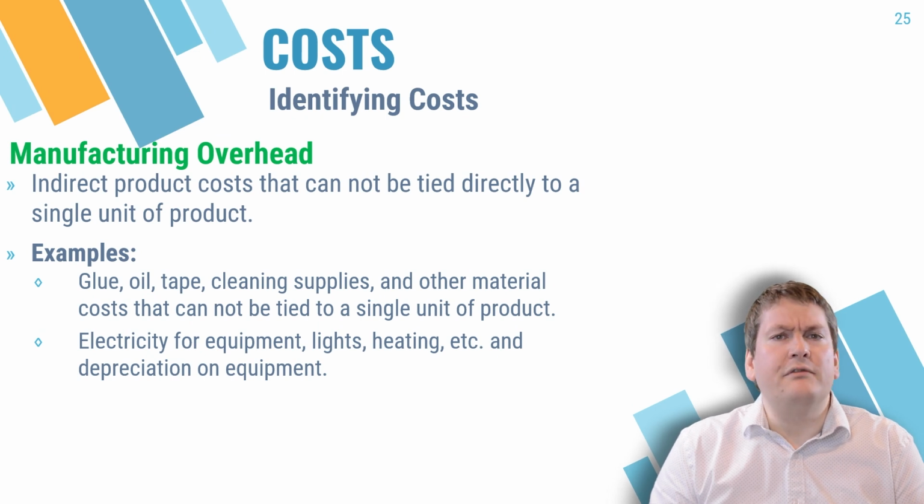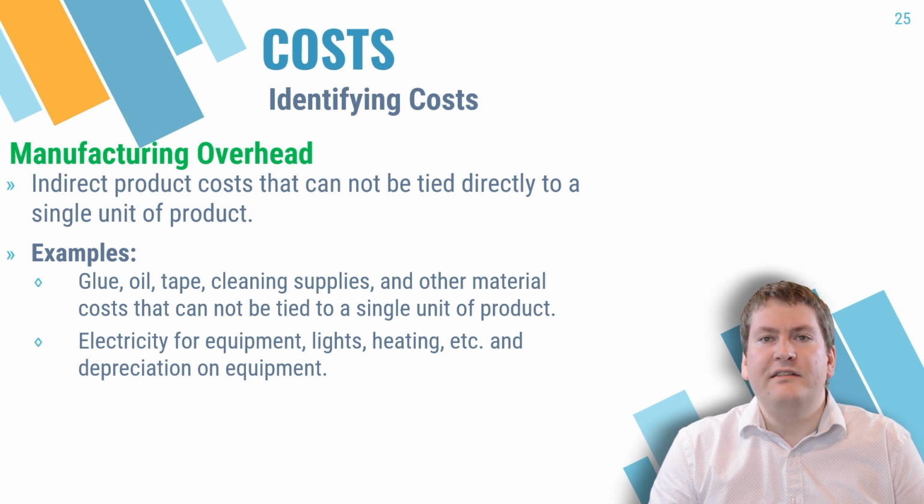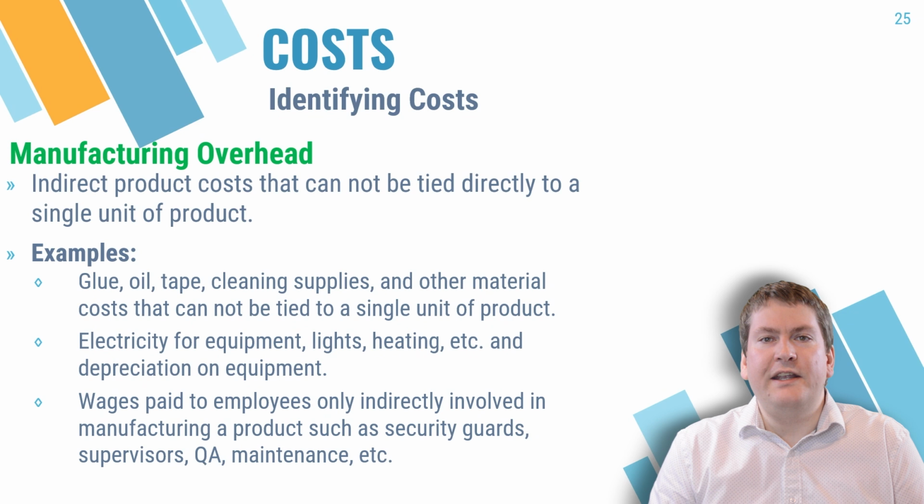That cost of glue would be an overhead cost if they can't determine exactly how much is spent on each car. Similarly, costs related to cleaning and maintaining the equipment used to create the toy cars would also be overhead costs. The costs of electricity used to make the product, or even the cost of electricity to keep the lights on and heating in the manufacturing plant, would also be overhead costs.